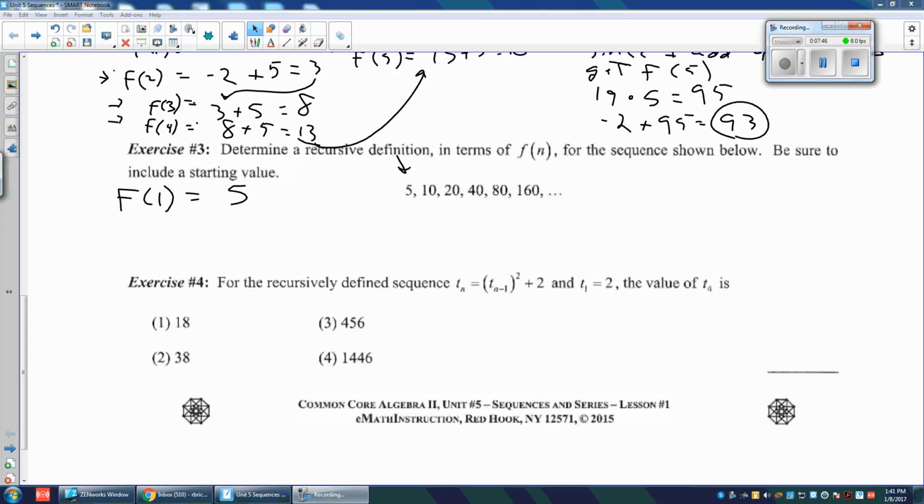So to determine what kind of recursive definition we're going to give, there's arithmetic and there's geometric. Looking at this one, I know it's geometric from experience. You have a little bit of experience with these. Geometric is going to have the same ratio.